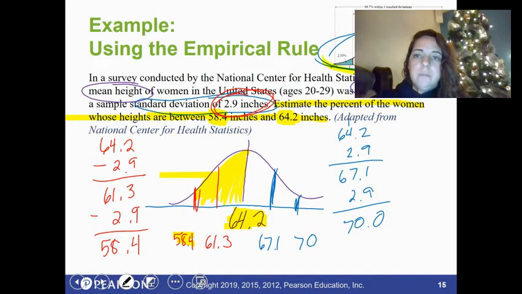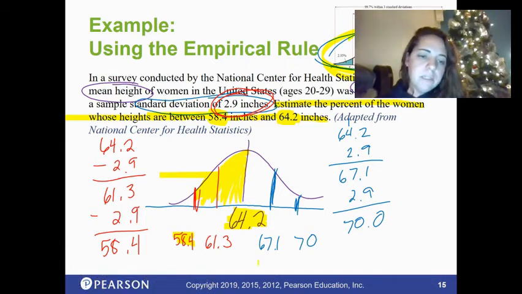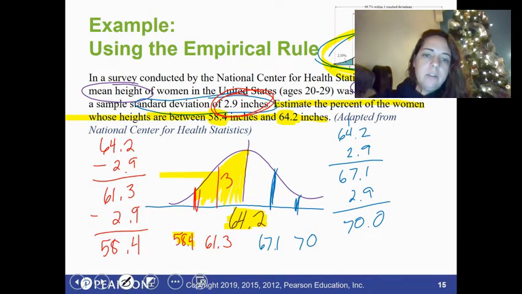Well, according to this empirical rule up here, since they're telling me that it is a normal distribution, this carries 34% of my data, and this carries 13.5%.